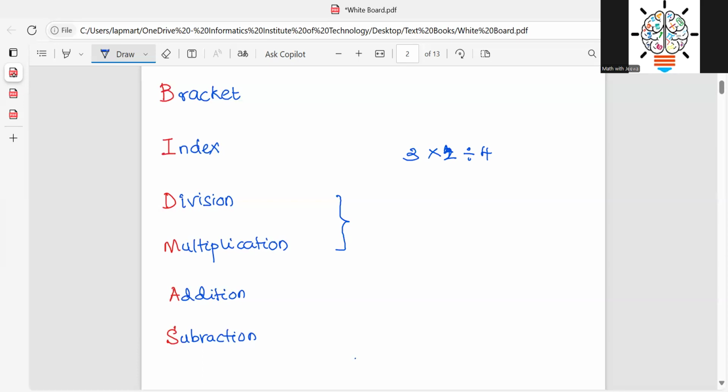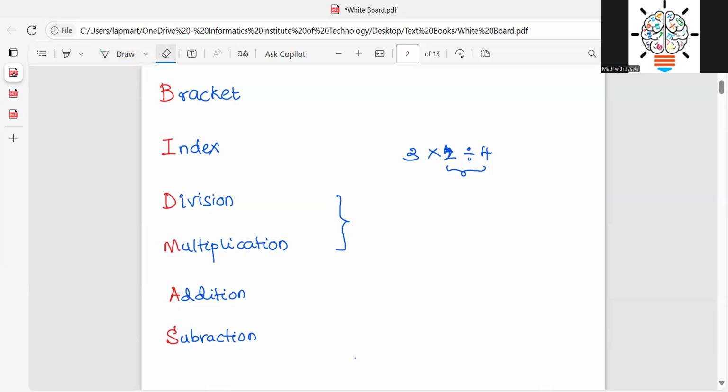According to this, the division should be first, right? 2 divided by 4, we can, but it gives us a fraction or a decimal. We don't get a whole number answer.